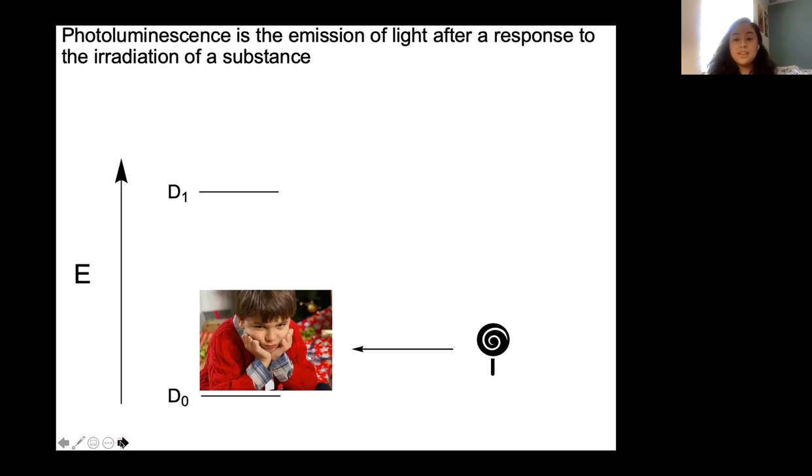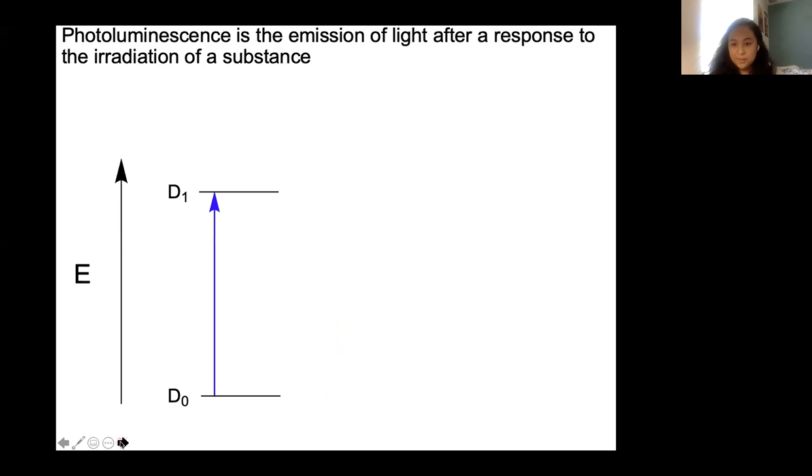When this kid is given candy, or an intake of energy is given into this electron, this kid will absorb the candy, absorb the energy, and go from the ground doublet state of the radical all the way to a happy kid. Super excited, lots of energy, candy equals energy here.